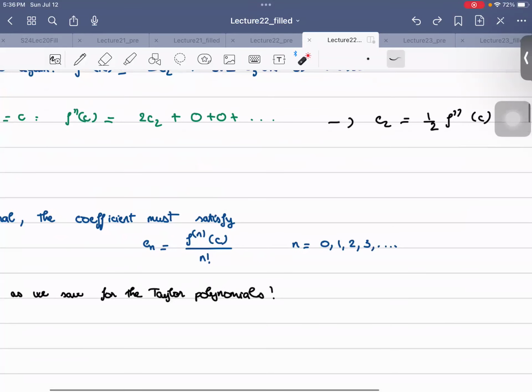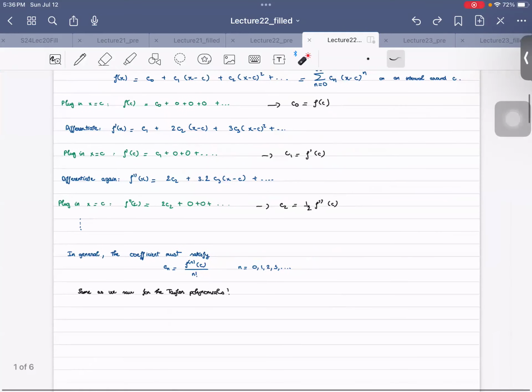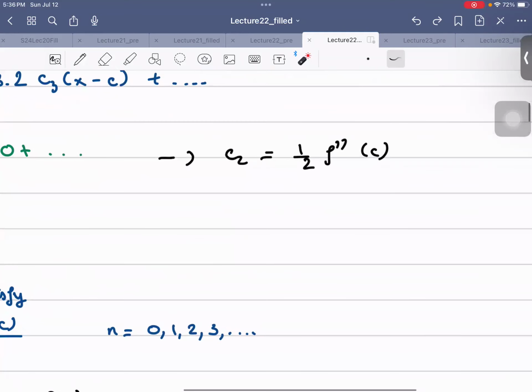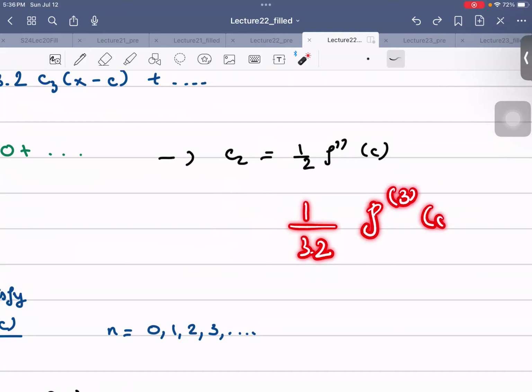Over here, I expand my series at c, so I plug c into my nth order derivative of the function f and divide by n factorial. If you repeat the process, you have c3 equal to 1 over 3 times 2 times the third order derivative at c. Okay, this is c3.